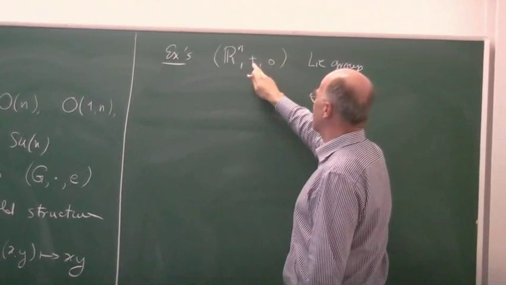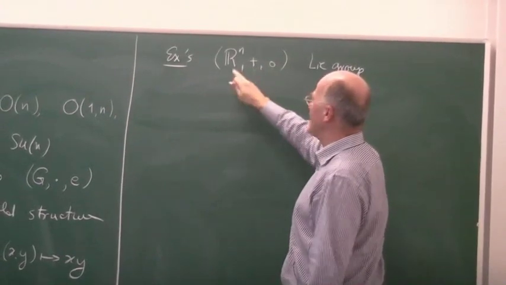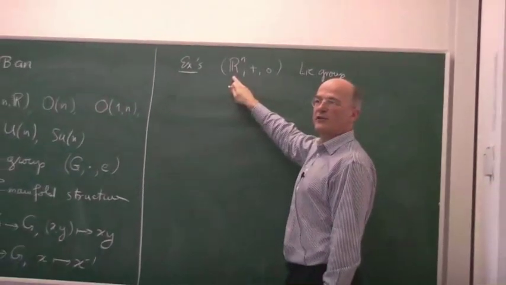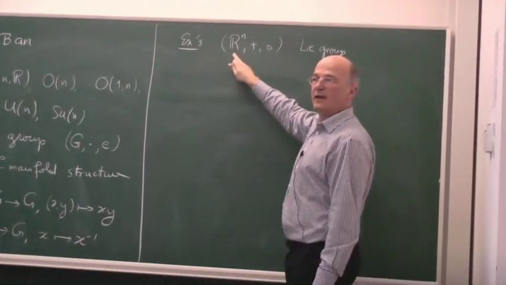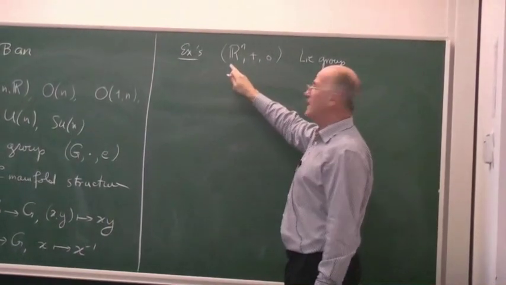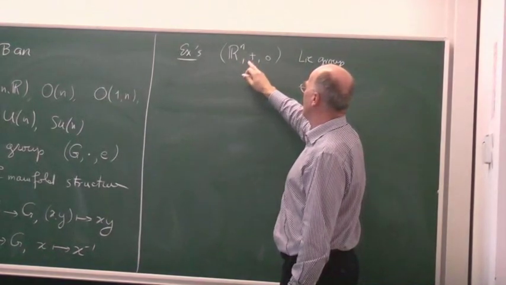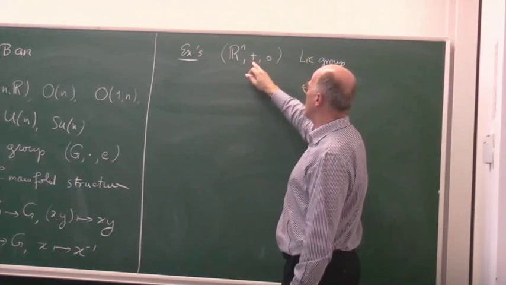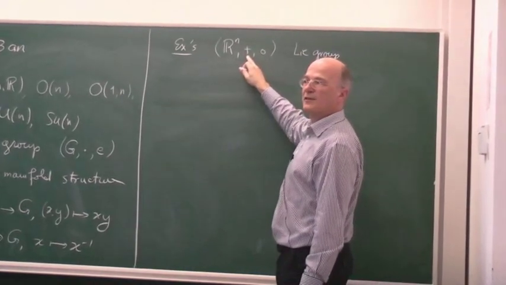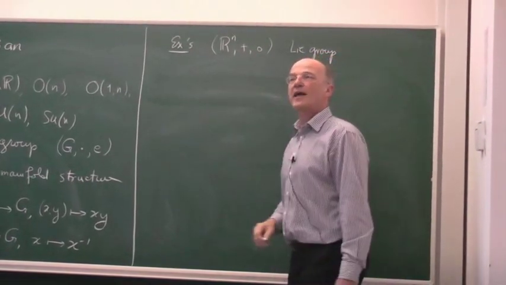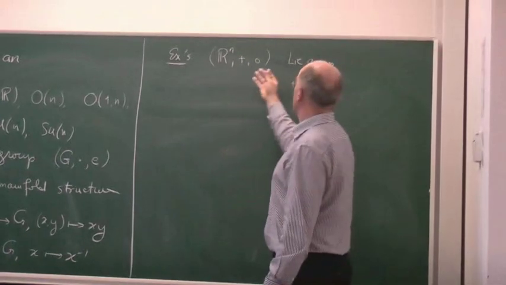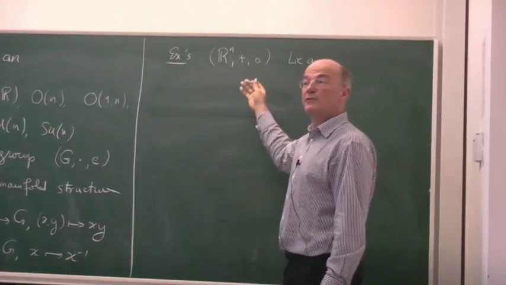Well, of course, because that's really the operation that I want to consider on R^n, vector addition. But in group theory, it is sometimes the custom to use plus for a commutative group operation and then use 0 for the neutral element. So, in particular, this is an example of a commutative Lie group.